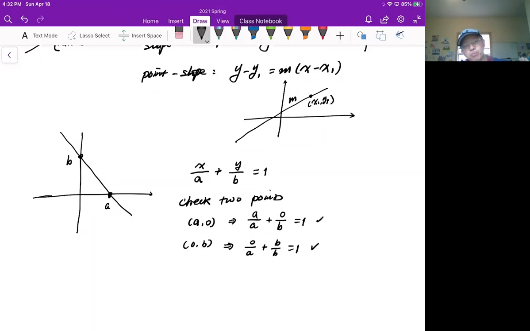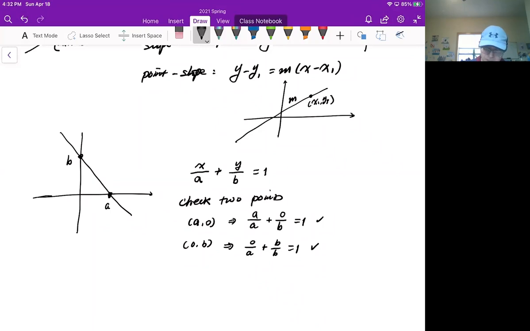So both points satisfy the equation, and therefore, this is the equation for the straight line because one line is uniquely decided by the 2 points. So if we know that it passed through the 2 points, then it passed through all of the points on the line, right? So it's very easy to memorize: you get the x-intercept, y-intercept. It's x over x-intercept plus y over y-intercept, that's equal to 1. Okay, we're going to use that later.